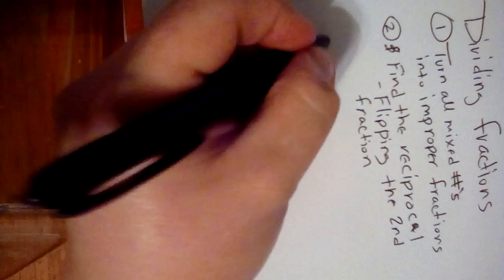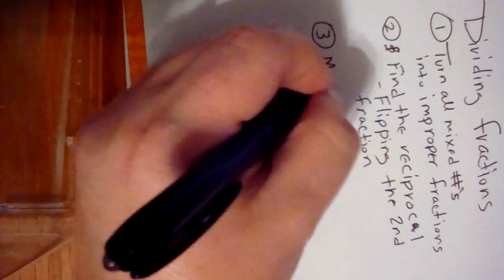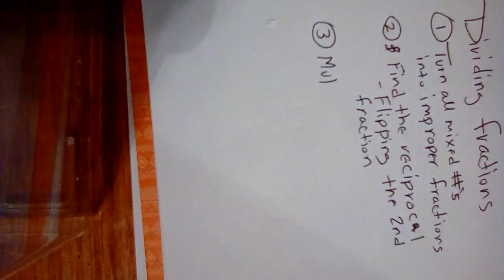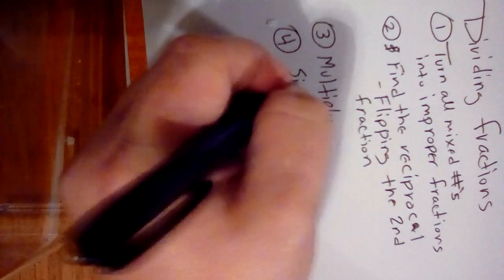Thirdly, we multiply. We actually change the symbol to a multiplication symbol. And then fourth, we're going to simplify. Go ahead and write those down.